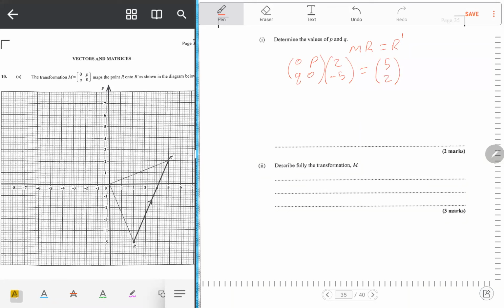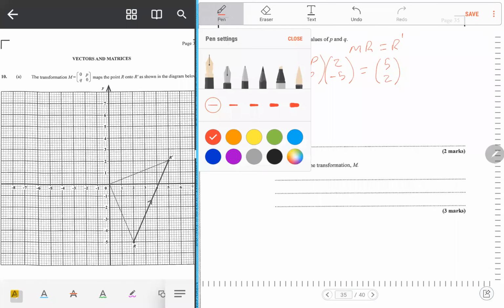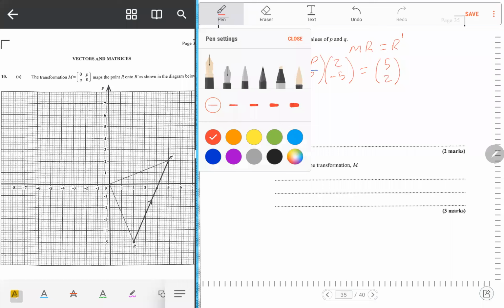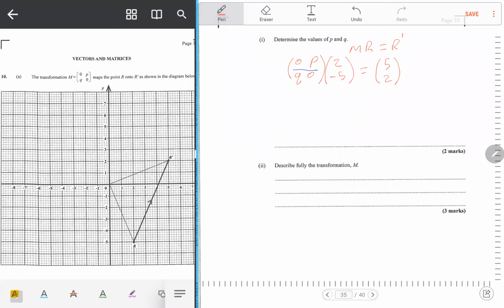Basically you can set this out as two equations. Remember, when you multiply matrices, we use the rows of the first matrix multiplied by the column of the second matrix. The first row times this column will be equal to this value.